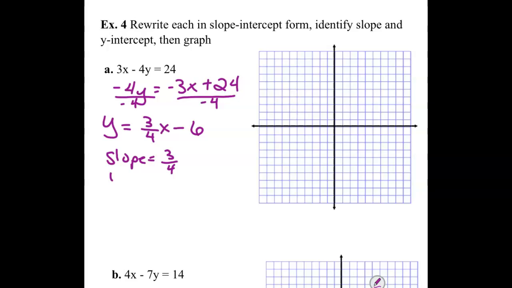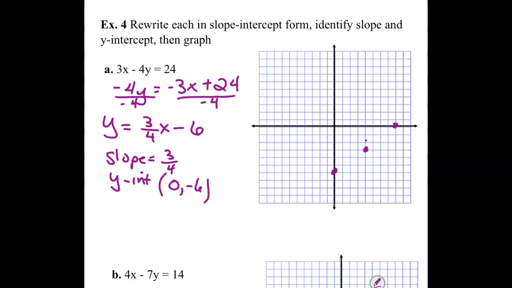And our y-intercept, we're going to hit the y-axis at (0, -6). All right, so we start with our y-intercept, and we're going to rise 3, run 4 from there. Okay? Make sure you do that twice so you have 3 dots.